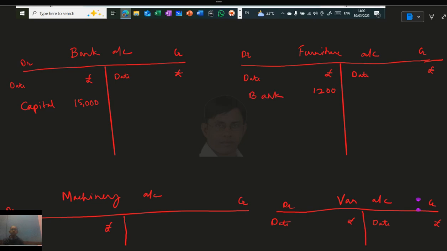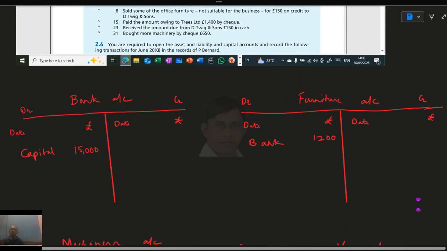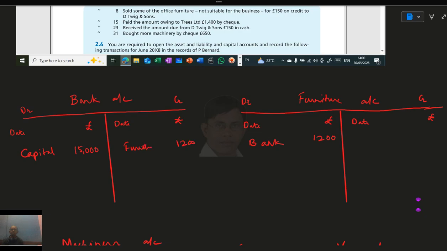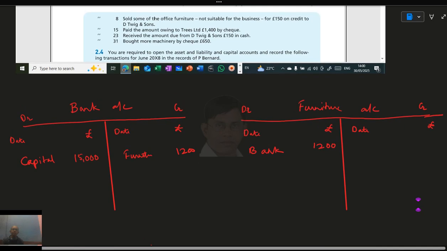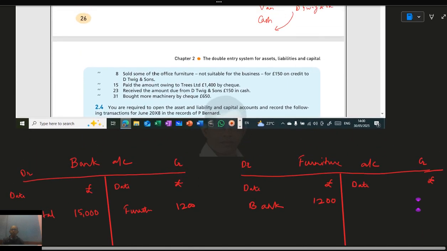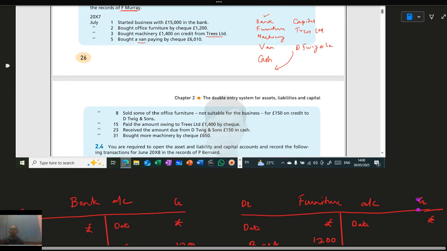Bank is also an asset, but bank is decreasing. When an asset decreases, it should be credited. So bank account should be credited. Furniture account is debited, bank account is credited 1200. So we have to write on both the sides.